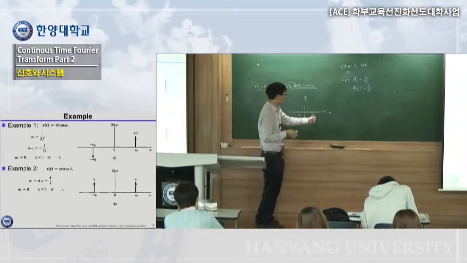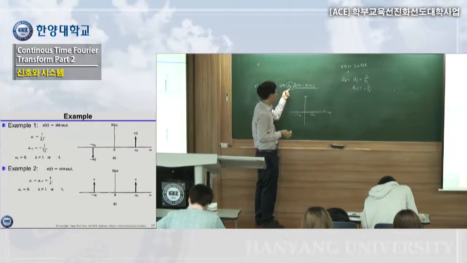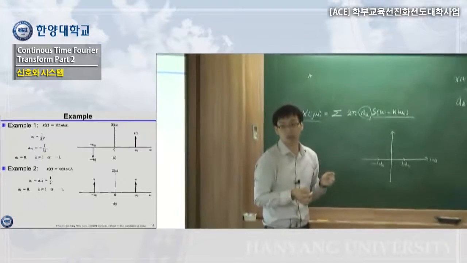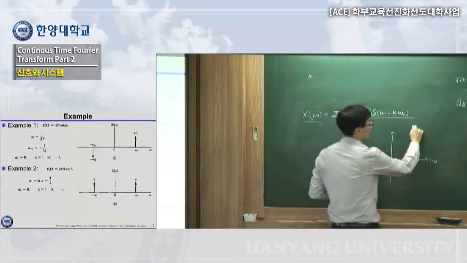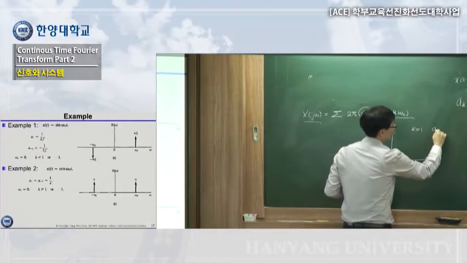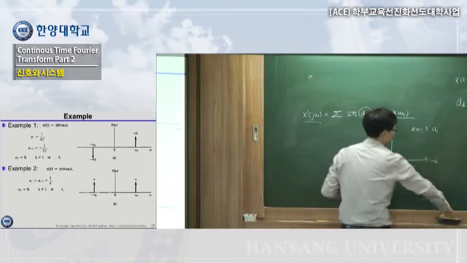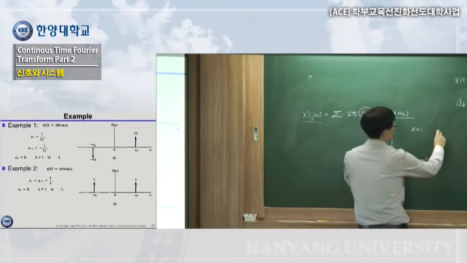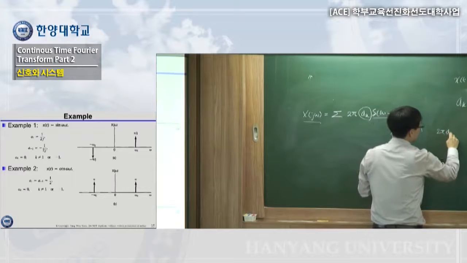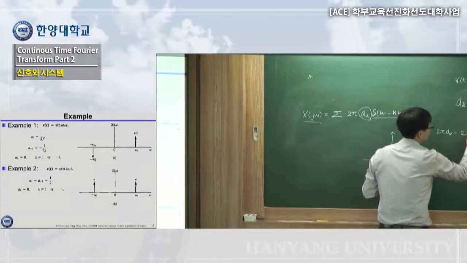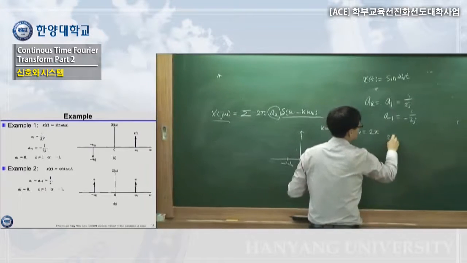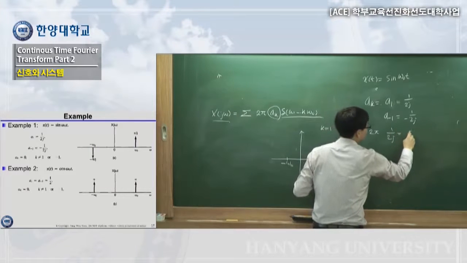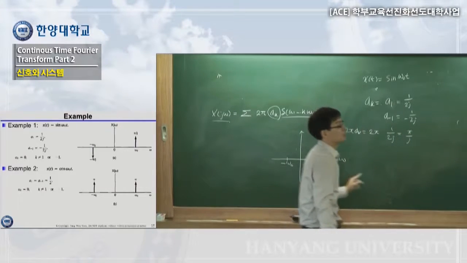And at omega 0, 2 pi ak is this amplitude. ak is what? When k equals 1, it's a1, at omega 0, and 2 pi ak is what? 2 pi times 2j, so pi divided by j is this amplitude.